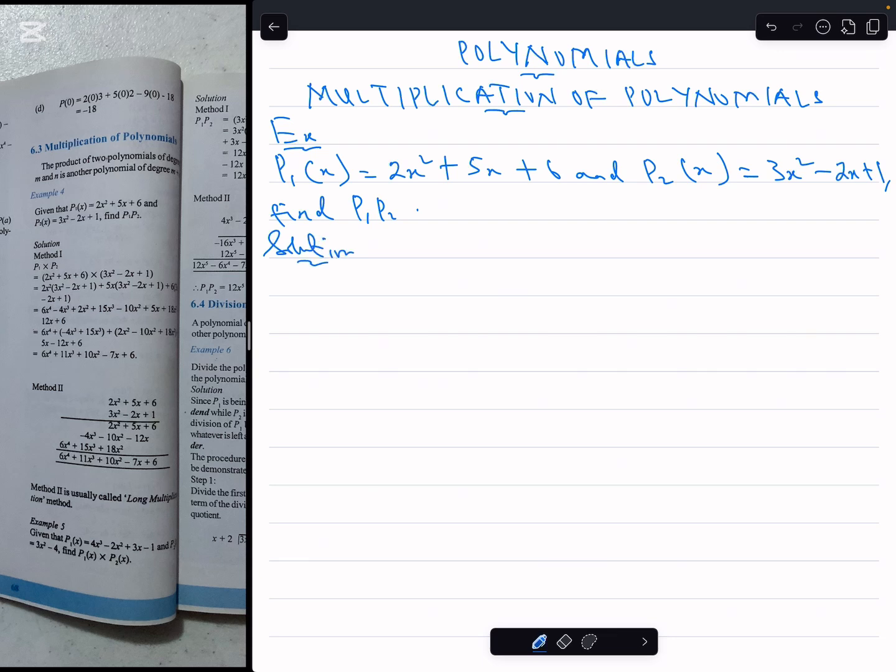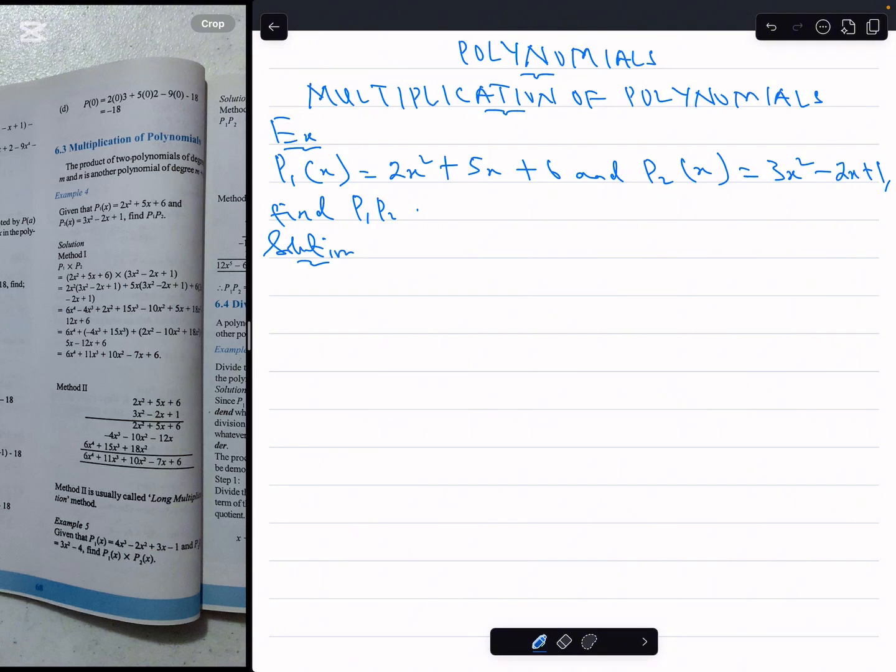How do we do that? We can do it this way. p1 of x is equal to 2x squared plus 5x plus 6, and p2 is equal to 3x squared minus 2x plus 1.